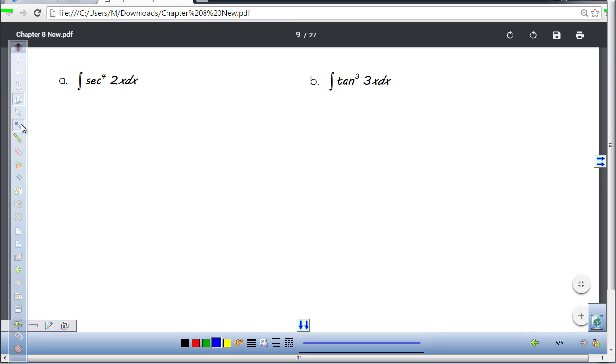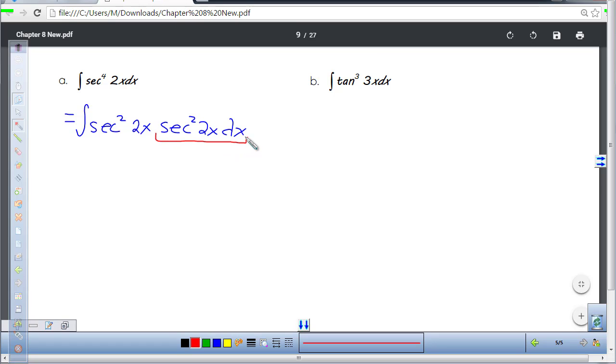All right, so we got the integral of secant to the fourth 2x dx. This is going to be equal to, since according to my rules I've got an even power of secant, I'm going to hold on to a secant squared. It doesn't matter which one. I'm holding this for my derivative.